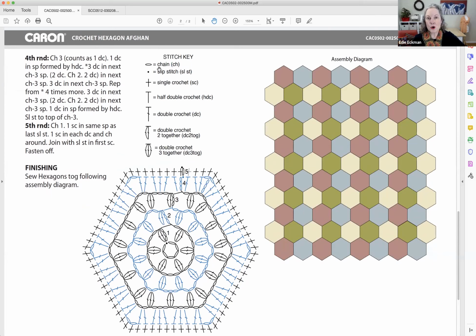These terms that I'm using, so single crochet, half double, double, and so on, that's American crochet terminology. Some of you may know that in the UK, they are one step higher, I guess you would say, or we're one step lower, however you want to call it. So when somebody in the UK sees this symbol and does the thing that we call single crochet, they're going to call it double crochet.